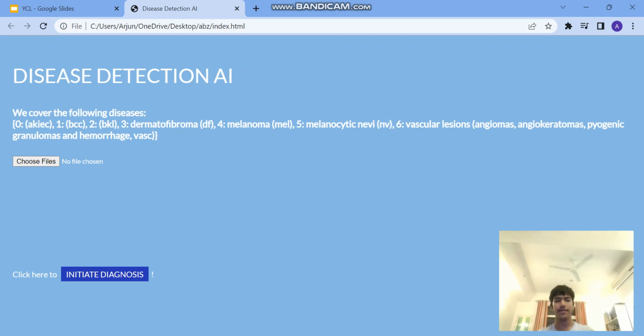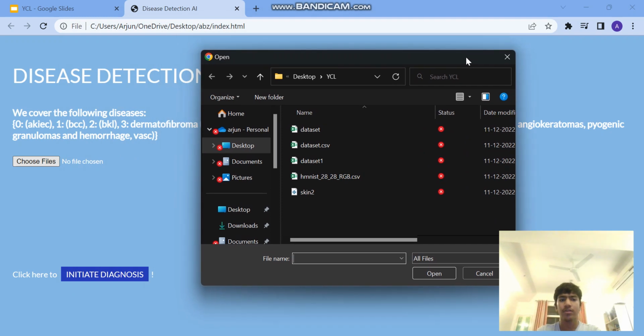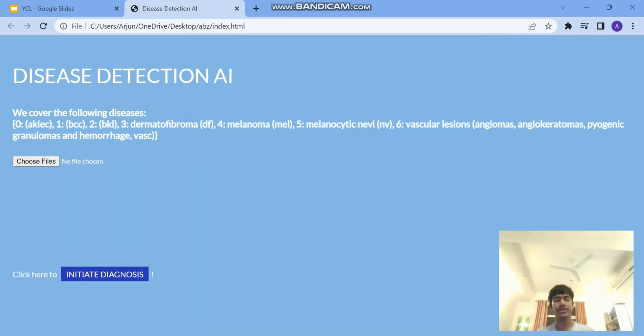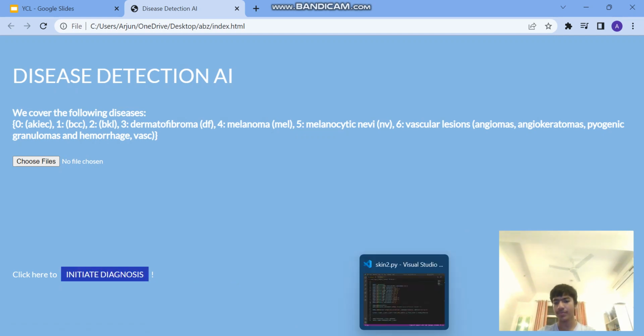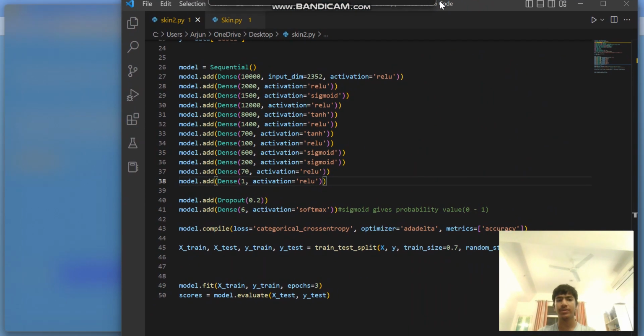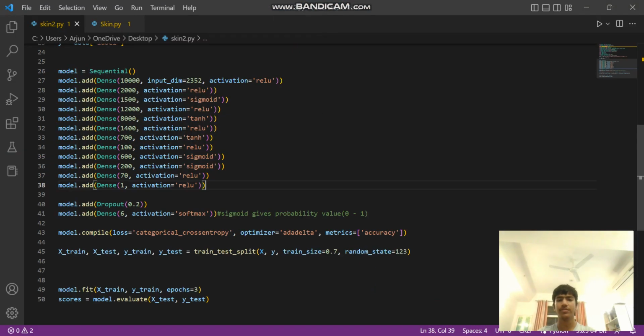So yeah, we're planning to basically have this feature where you can choose a file, which would be an image of a skin lesion, you click, and then initiate diagnosis. And we have our model over here. So we have a lot of layers and a lot of neurons, as you can see, like 10,000 neurons because of how large our data set is.